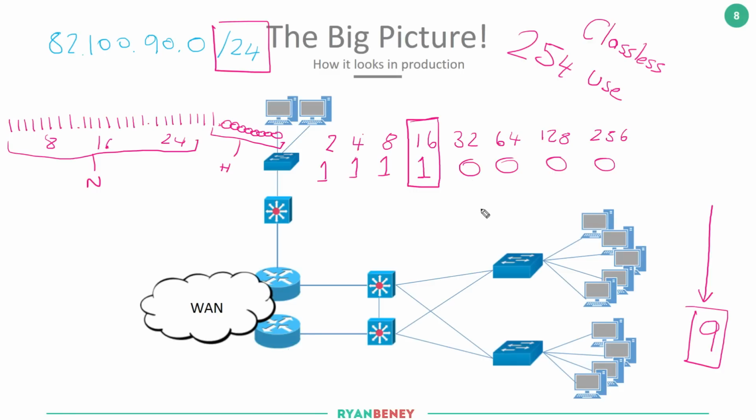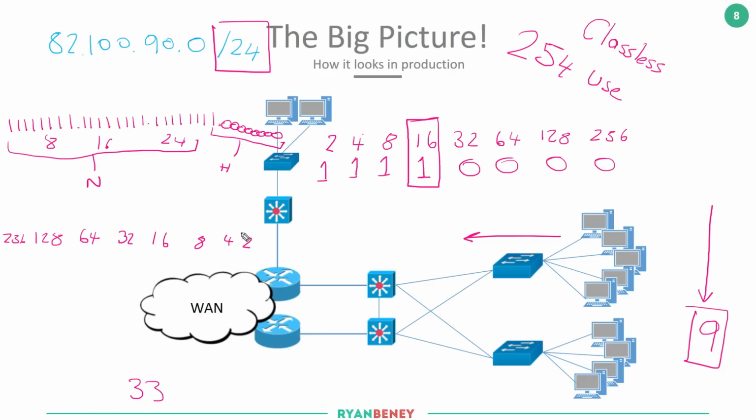If we had to calculate the other way around, let's say we had a requirement similar to what we had previously in the video, where we had host requirements instead of subnet requirements, then we would do it the other way around. So for example, let's say we had a requirement of 33 hosts, then going from right to left, we're going to go 2, 4, 8, 16, 32, 64, 128, 256.